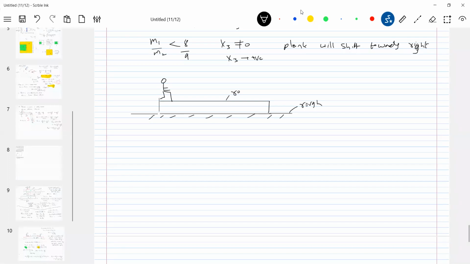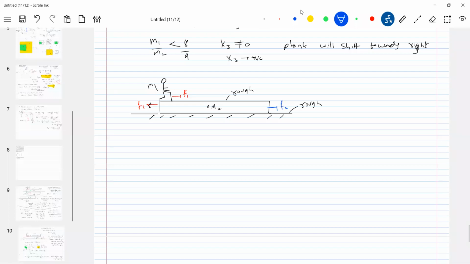This must be rough, then only the person can walk; as he's walking, friction will be like this. This is F1 and F1. This frictional force F1, what does it do? It will try to shift the Planck. Will the Planck shift or not? An external force is acting on the system.